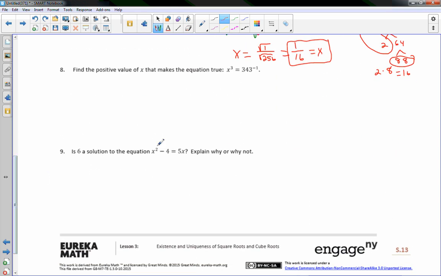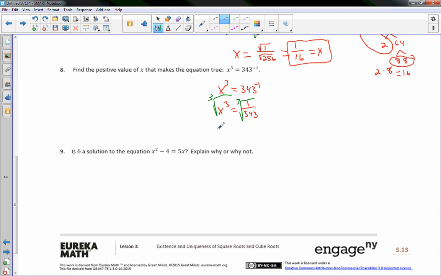Number 8, x cubed equals 343 to the negative 1. So it's going to be x cubed equals 1 over 343 to the positive 1. And I'm going to take the cube root of both sides. Do not forget your index. We're doing cube root this time.